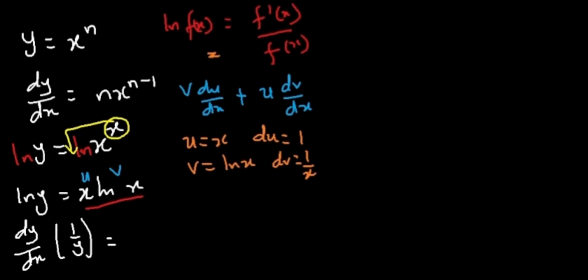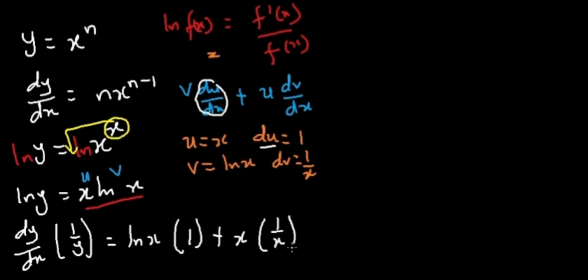So trying to put this into it, I'm going to have my v to be ln of x, then my du here is 1. Du is 1 plus my u is x, then my dv is 1 over x.